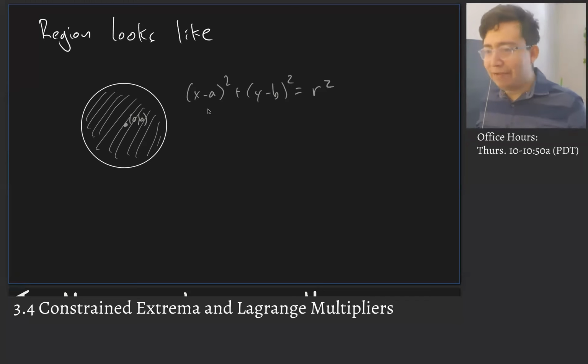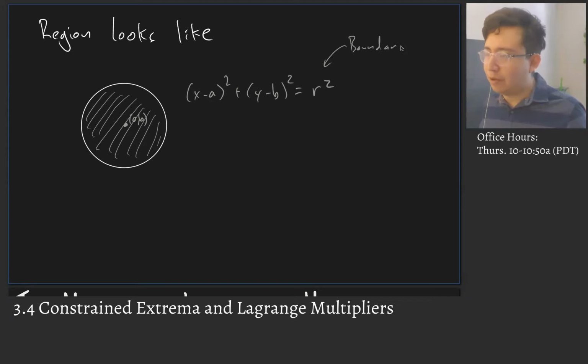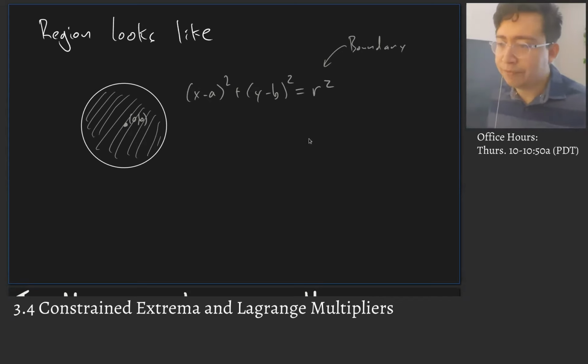You may think, okay, I have this equation, but how can I use calculus on this? So the trick is that this is the boundary. The whole region you'd write with less than or equal to, and we'll see some examples of what I mean. So the region itself is less than or equal to, but the boundary is just a straight up equal to, right?